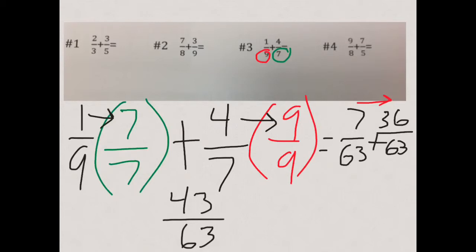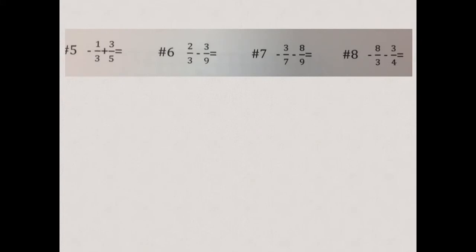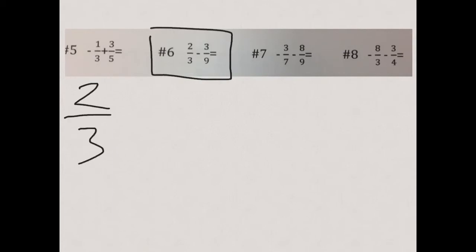So class, we want to find numbers that work. This method will always give you a denominator that works. Sometimes you don't have to do that. If we look at number 6 right here, I don't need to multiply 2/3 times 9 over 9.